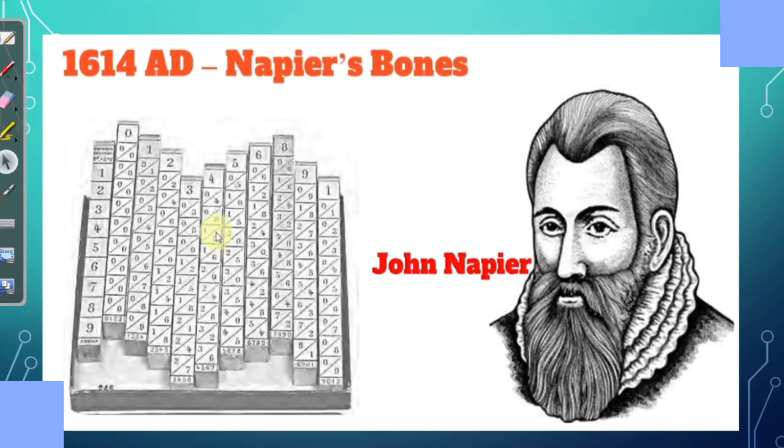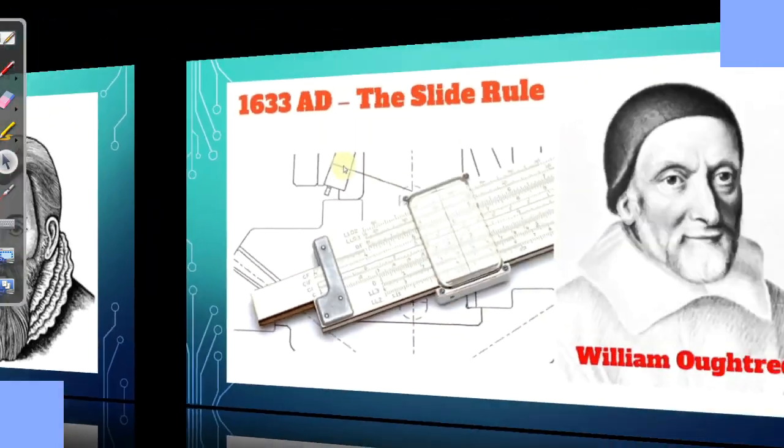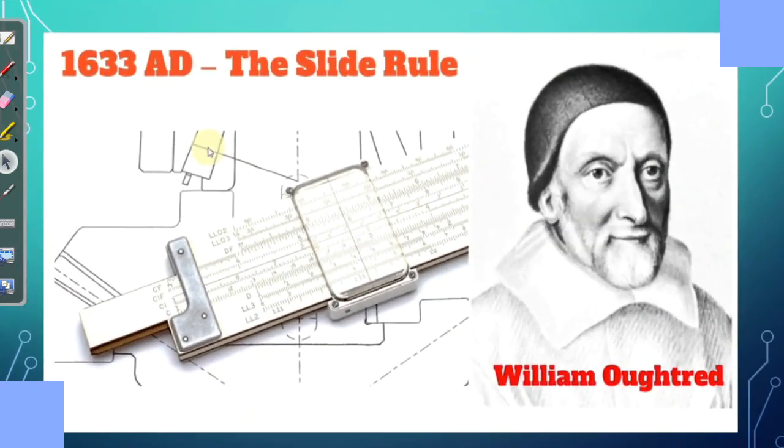Then in 1614 AD, the Napier bones, one of your calculating devices, were invented by John Napier. After that, in 1633 AD, the slide rule was invented by William Oughtred.